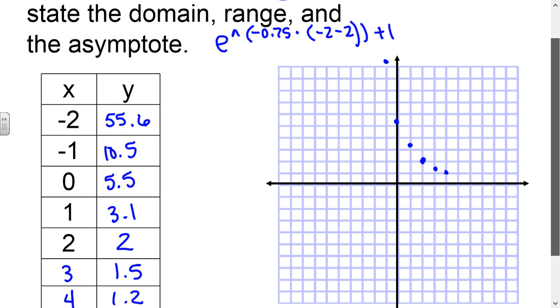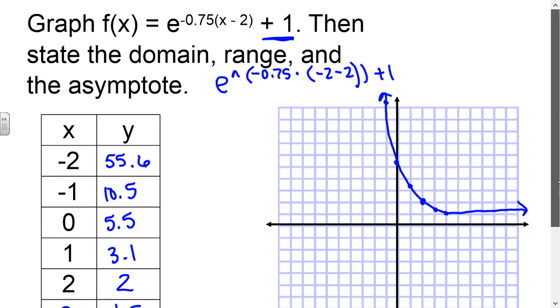And if I keep plugging in numbers, it's going to start flattening out closer and closer to positive 1. And I'll tell you how I know that. If I look at my equation, it has a plus 1 at the end, which means that it's going to shift up 1 from the parent function. So normally all of our graphs flatten out at 0, but if I move it up or down, then it's going to change.